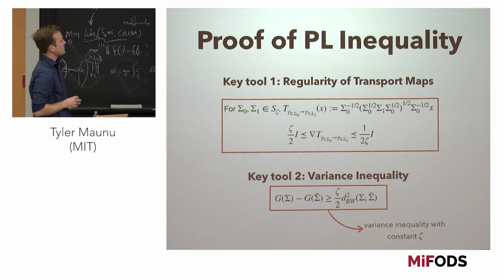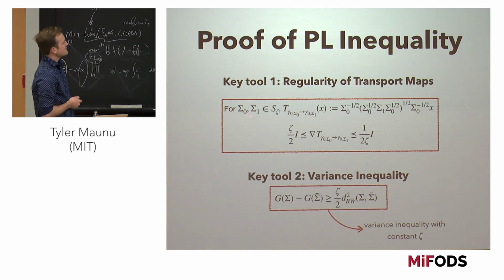So to prove the PL inequality, we need a few steps. The first of which is proving regularity of transport maps. I showed you earlier the equation that's derived for the transport map between the normal distribution with covariance sigma naught and the normal distribution with covariance sigma 1.